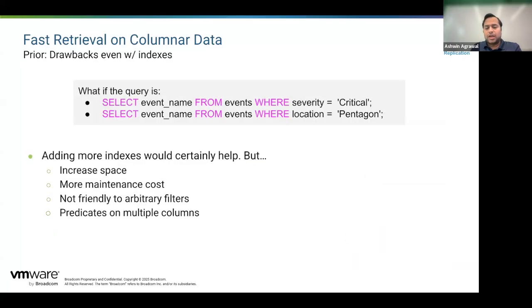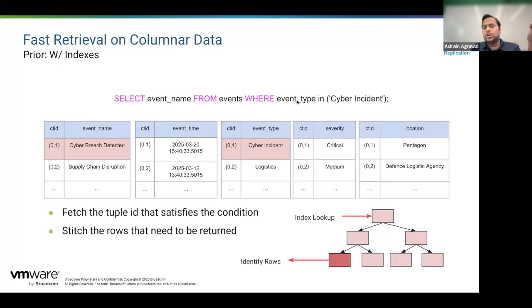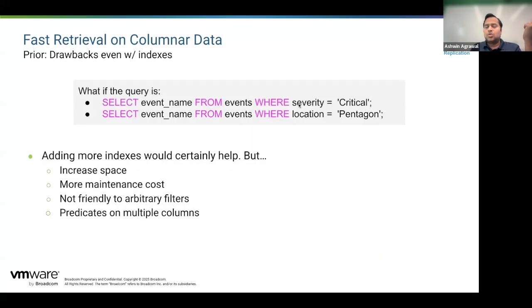Now, what are the drawbacks? The first drawback of an external index: given you created an index on the event type column, if you are doing a where condition which is not on the indexed column, let's say it's on severity or location, you cannot be creating an index on every column in a database.